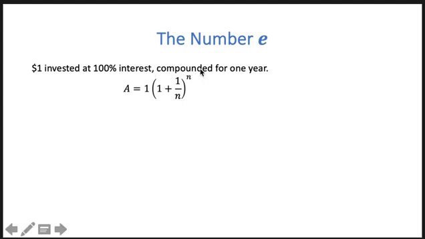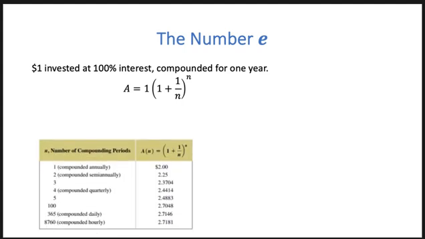Now, I haven't told you how many times it's compounded. It could be compounded annually, quarterly, semi-annually, monthly, or daily, right? And those values are plugged into this formula here, or into this chart here. And it tells you how much money you would have based on these conditions.